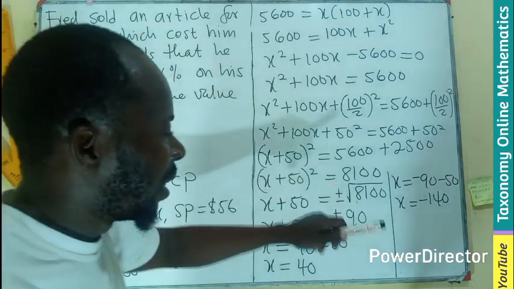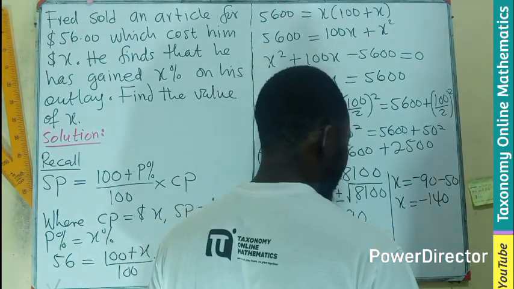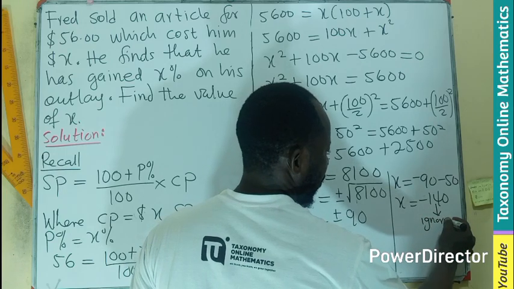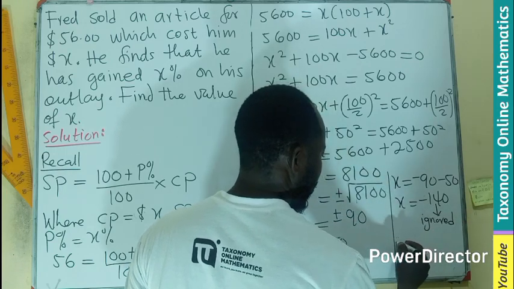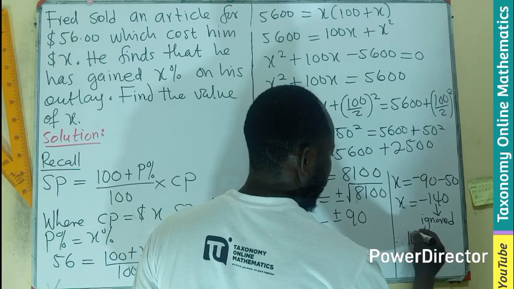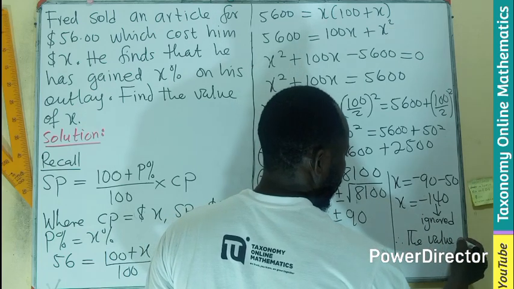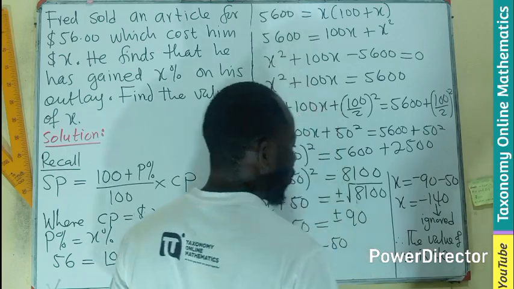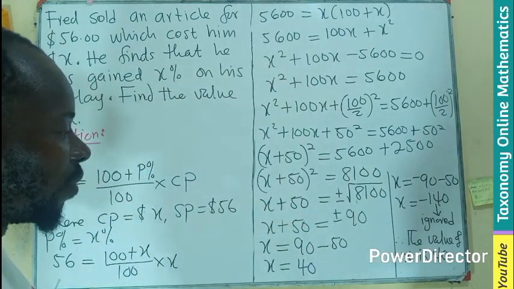So that cannot be negative. Therefore, we ignore this. So the value of X is going to be 40.